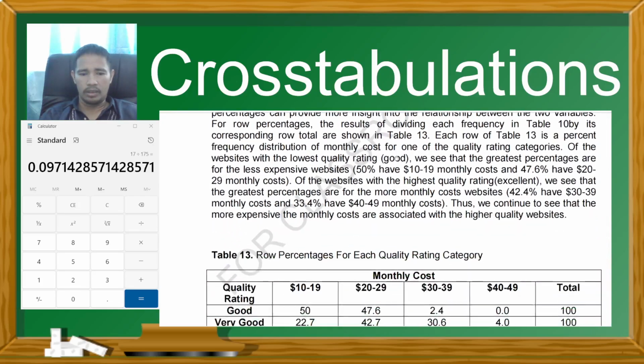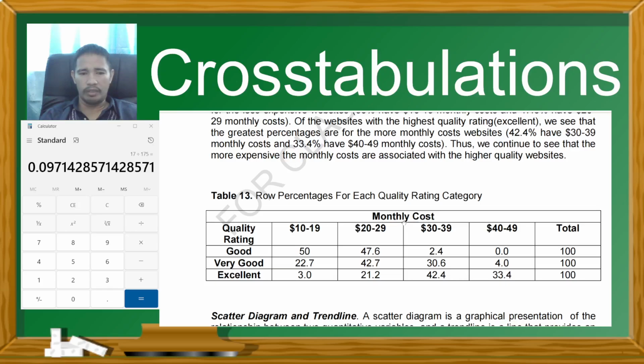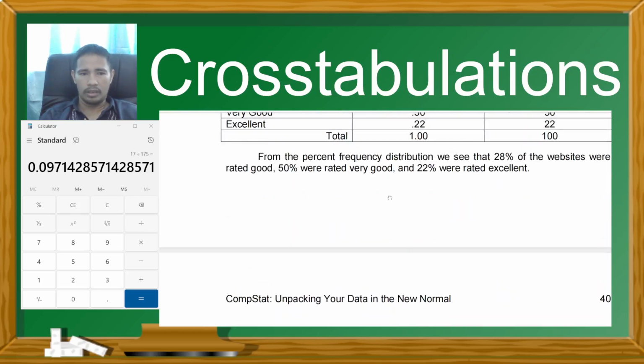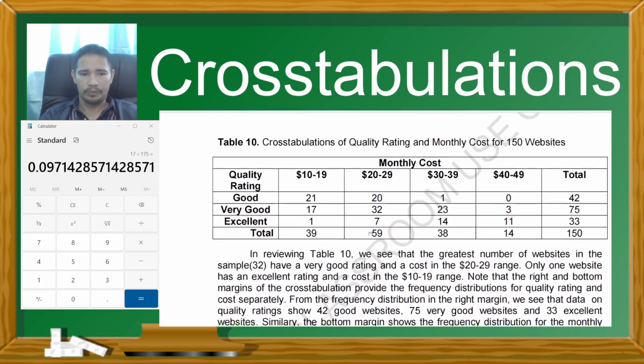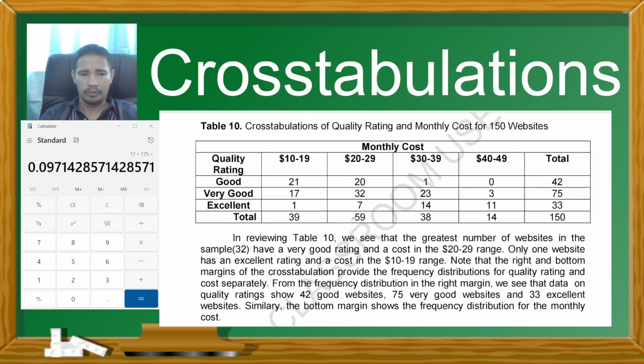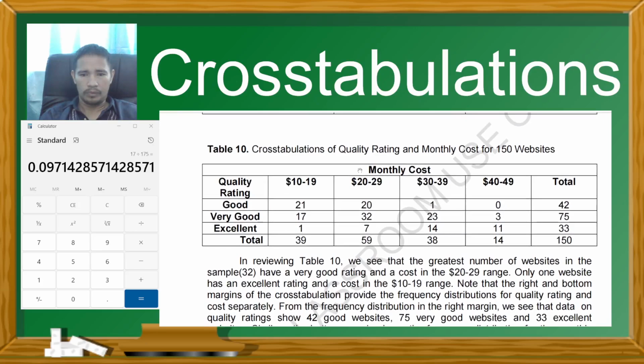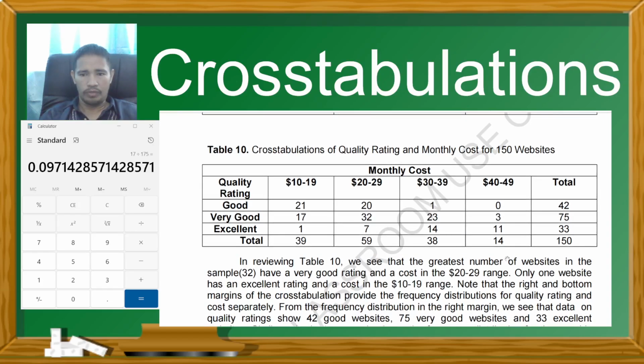Why, it's 22.7. 17 divided by 75, there you go.